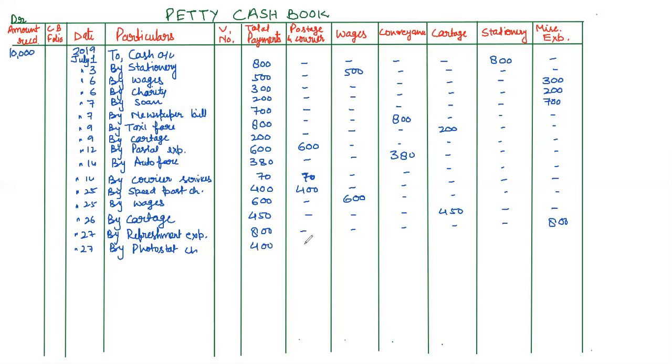Again we do not have any separate column for this, so this amount will also come in the miscellaneous expenses column. Now on 28 we are buying pen and pencils, and these are part of stationery. Rupees 750 will come in the total column, and then 750 will come in the stationery column also.